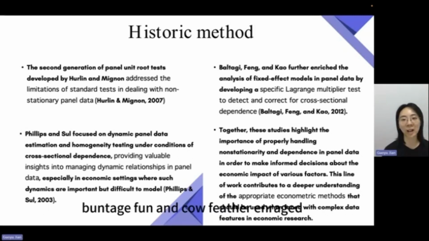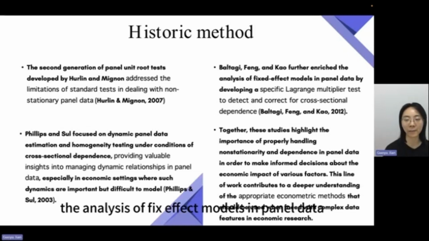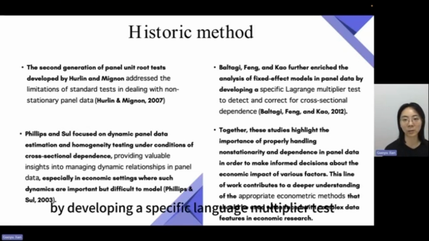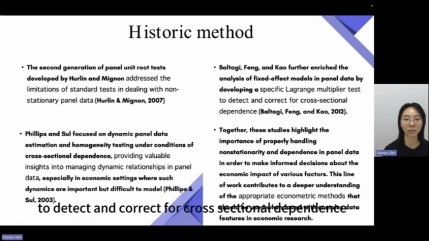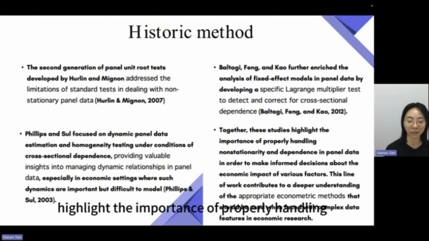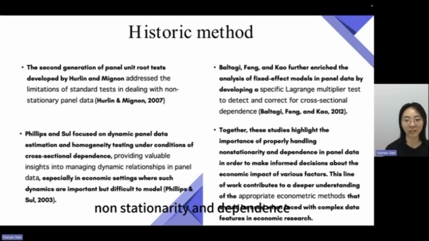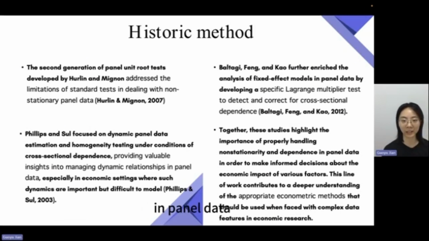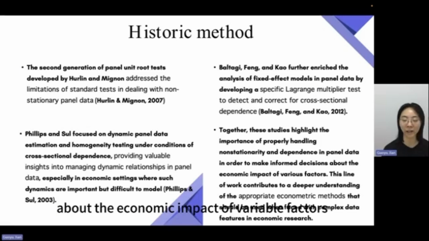Baltagi, Feng, and Kao further advanced the analysis of fixed effect models in panel data by developing a specific Lagrange multiplier test to detect and correct for cross-sectional dependence. Together, this work highlights the importance of properly handling non-stationarity and dependence in panel data in order to make informed decisions about the economic impact of various factors.